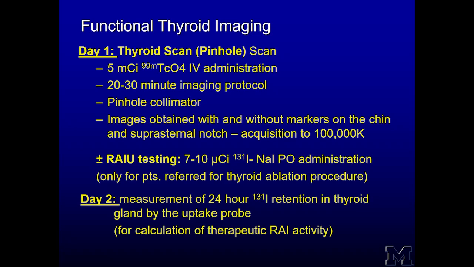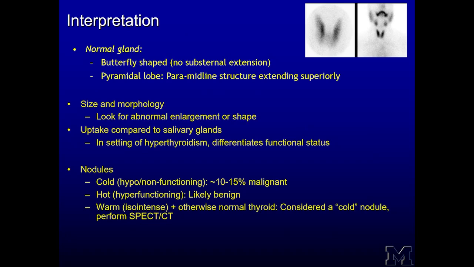The uptake testing is started on day 1, immediately after the thyroid scan is completed, and completed on the second day, day 2, when we measure 24-hour iodine-131 retention in the thyroid gland by the uptake probe, and the number that is obtained is used for calculation of therapeutic iodine-131 activity.